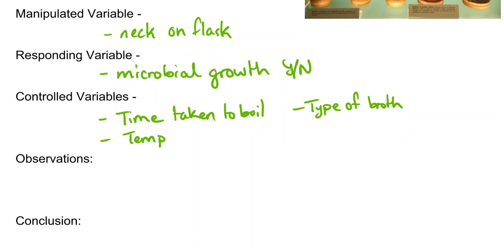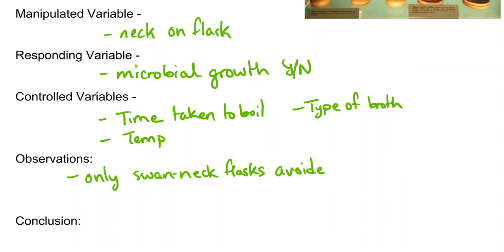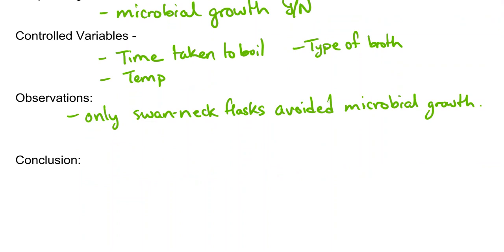The observations. Only the swan neck flasks avoided microbial growth. So the conclusion, right? We haven't made any inference about this yet.